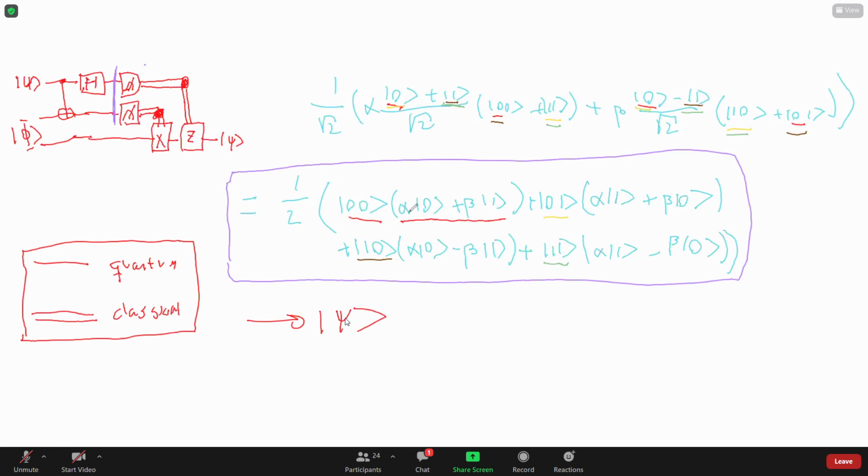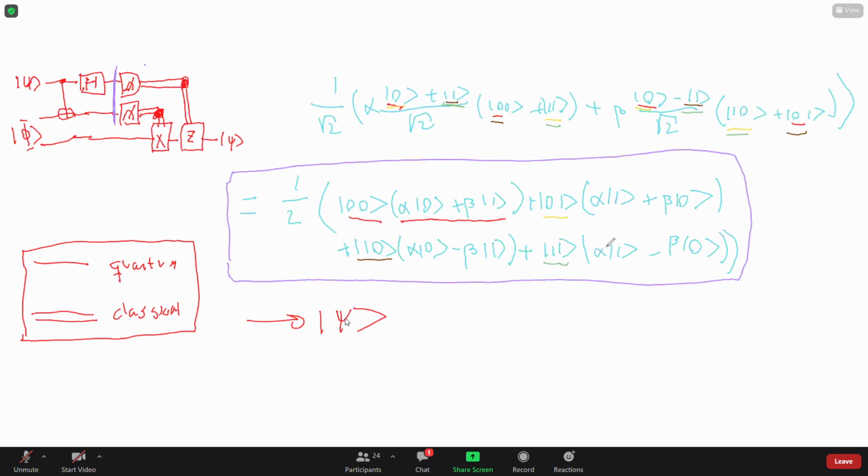And if you look at what state Bob has, it is either alpha plus beta, or alpha plus beta but swapped, so beta plus alpha, or alpha minus beta, or beta minus alpha.